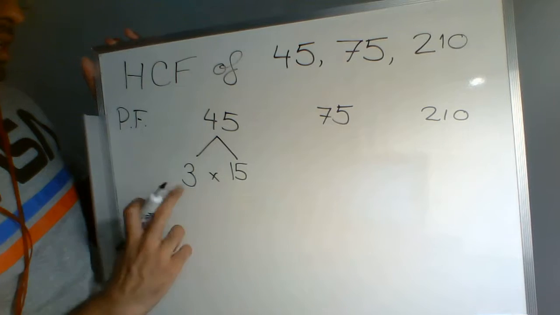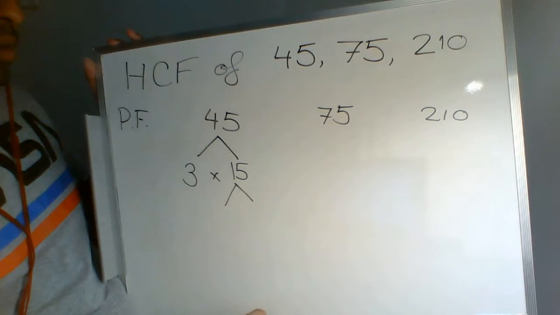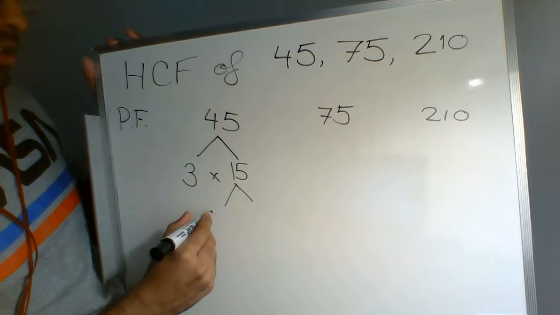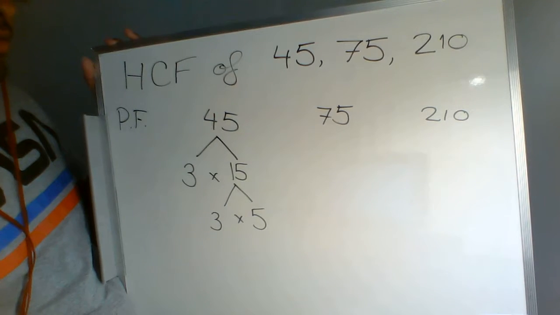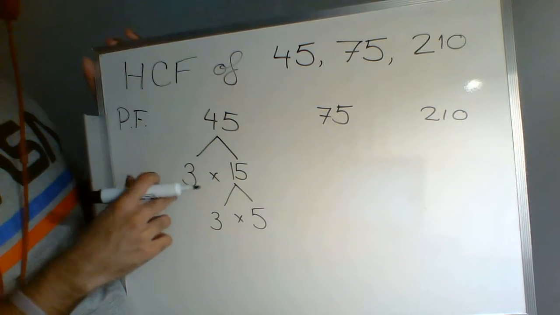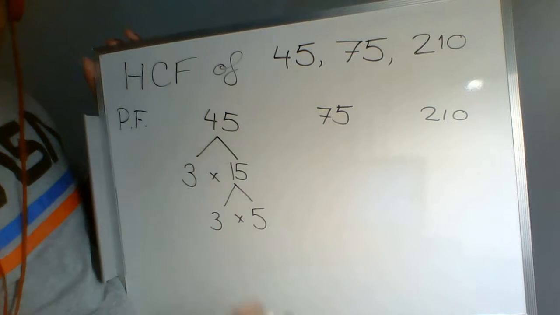Then, moving on to the next one, 3 is prime, so we don't have to worry about that. This 15 we can break down into another 3 times 5. This isn't divisible by 2, so we throw that out. The next prime number that we could use is 3, and 3 times 5 would give us 15.